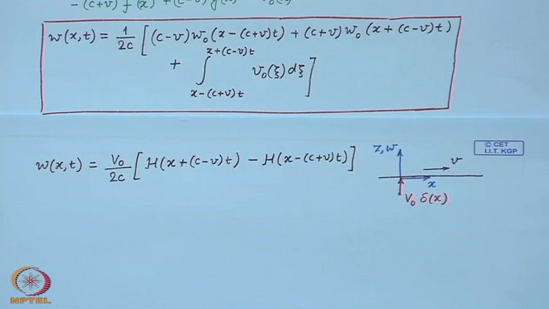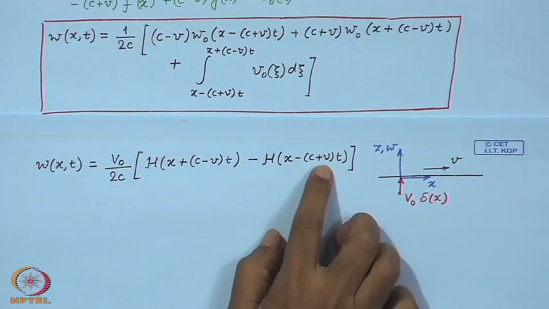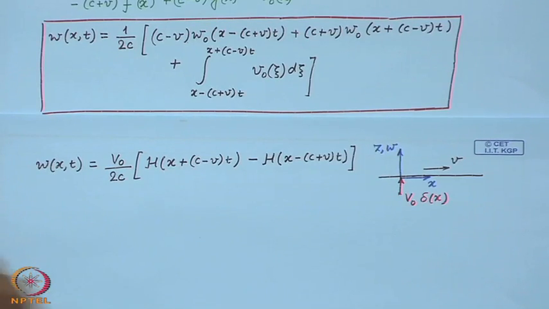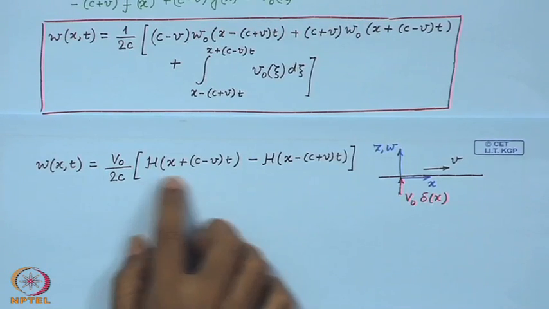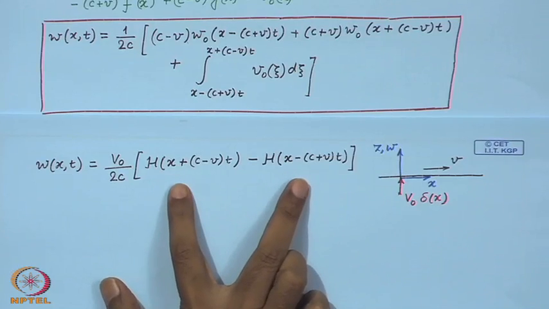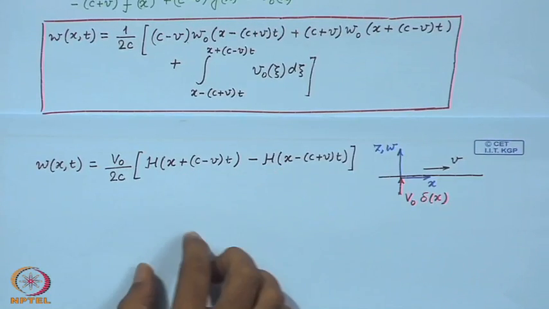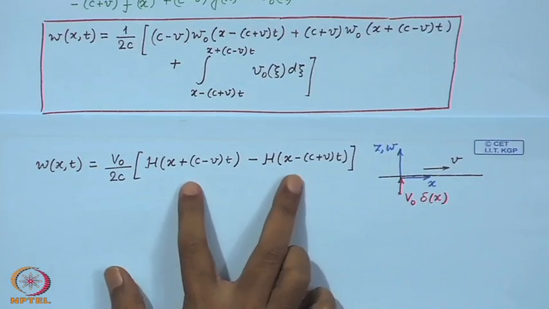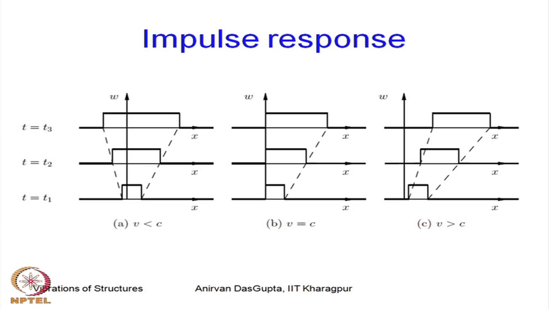Now, let us look at this solution, what happens for different velocity conditions v. Let us look at the evolution of this solution as time progresses, but you can see that this is a difference of two unit step functions, and as time progresses there is a gap at which this stepping takes place. So, let us look at this figure, where I have considered three regimes.